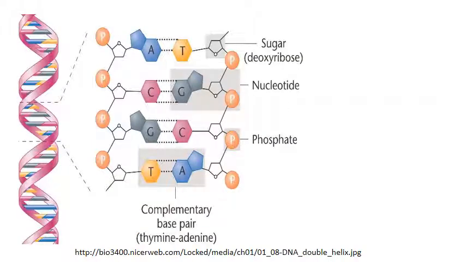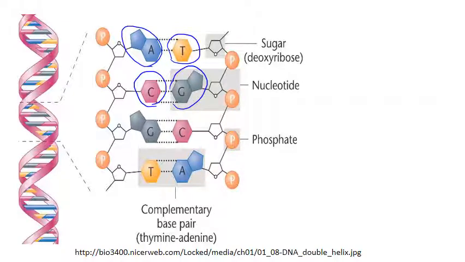Two chains are held together by hydrogen bonds. Adenine, a purine, is paired with thymine, a pyrimidine. Similarly, cytosine, which is a pyrimidine, is paired with guanine, a purine.